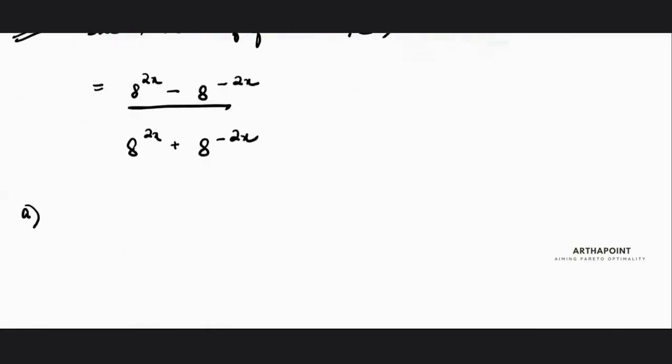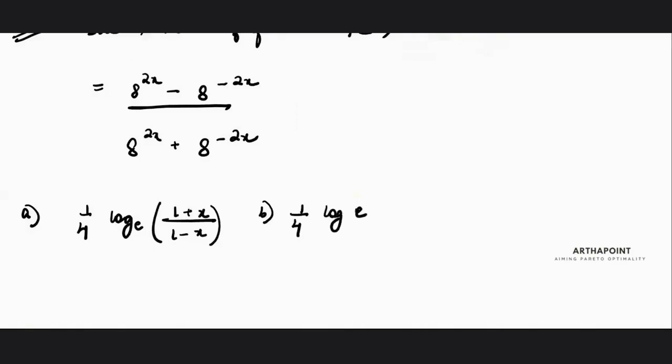The options given to you are: 1 by 4 log to the base e of (1 plus x upon 1 minus x). Second option is 1 by 4 log e to the base 8 of (1 minus x upon 1 plus x).